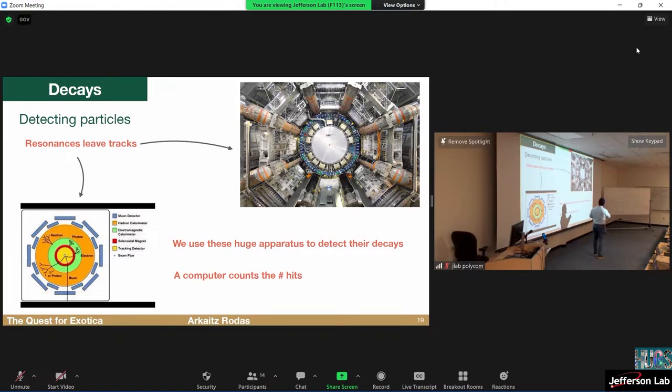And then it will decay to 2 pions that go in opposite directions. Now, I detect those 2 pions, and a supercomputer counts all these hits. At the end of the day, we can reconstruct the decay of this rho, and by studying the properties and the way these 2 pions were created, infer properties about this rho resonance.